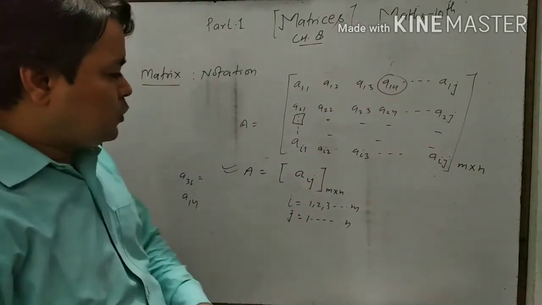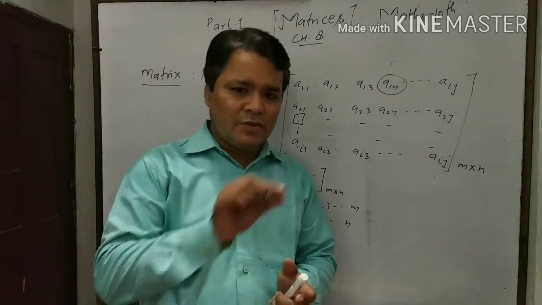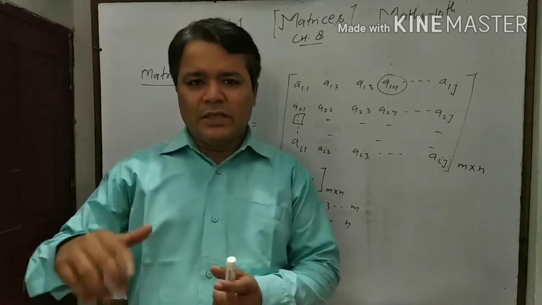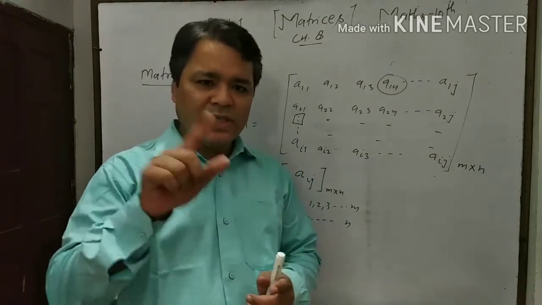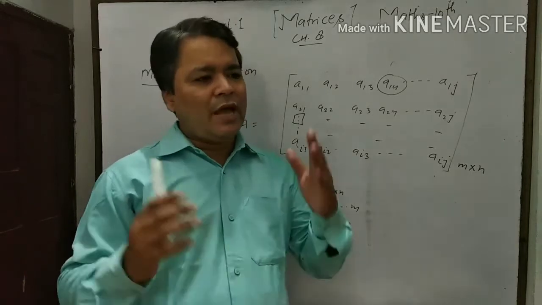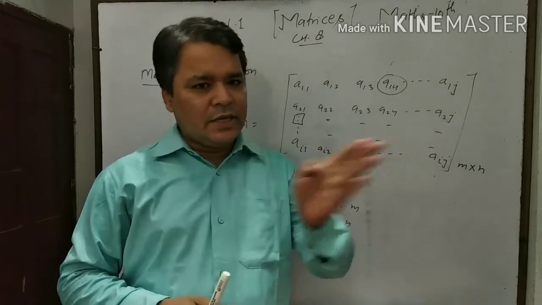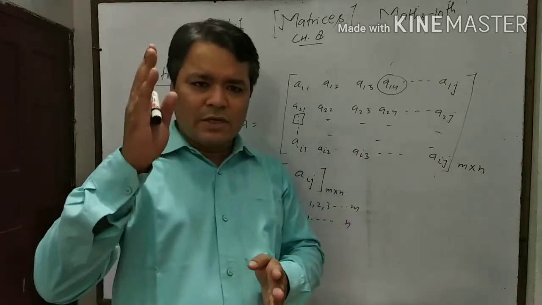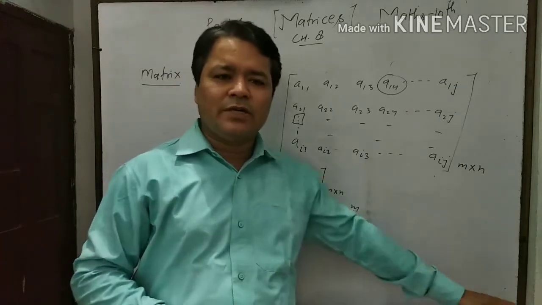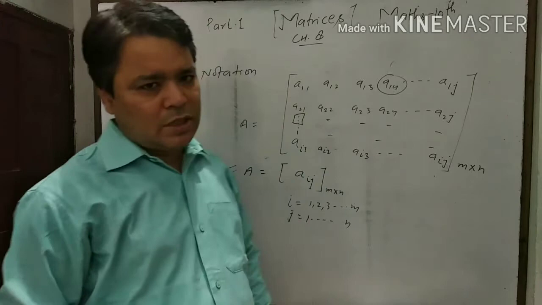I just told you what the order of a matrix is. The order of the matrix is written first as the number of horizontal lines, and then the number of vertical lines, with a cross sign between them, that is m cross n. If we have a matrix with 4 horizontal rows and 5 vertical columns, then the order of that matrix will be 4 by 5, or 4 cross 5.